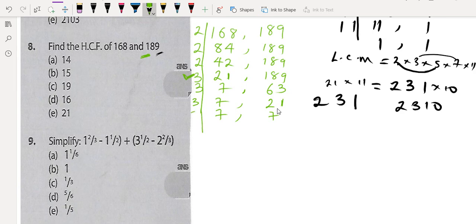Now 7. 7 into 7. So this 7 divided the 2, right? So HCF becomes what? 21. So the HCF is 21.